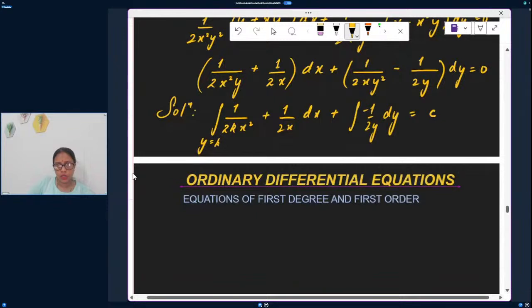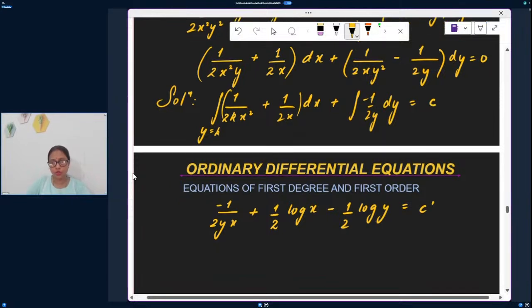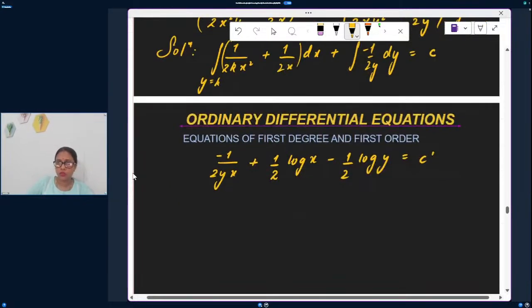So this is minus 1 by 2yx plus 1 by 2 log x minus 1 by 2 log y is equal to some c dash, where you can adjust this 2. This is minus 1 by xy plus log x minus log y is equal to constant.